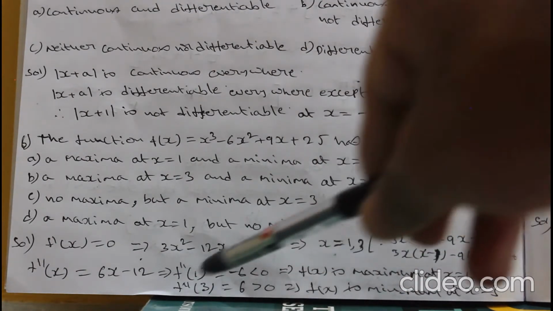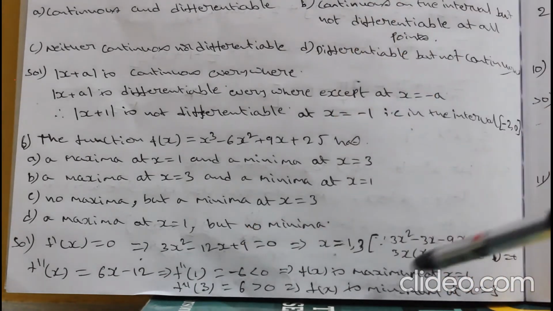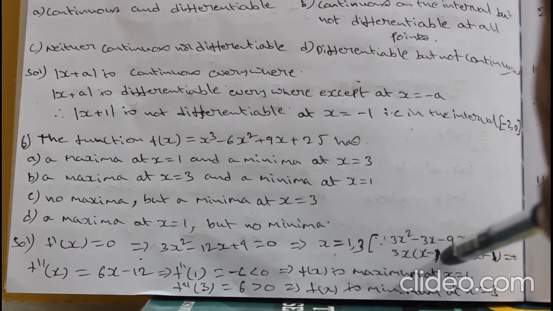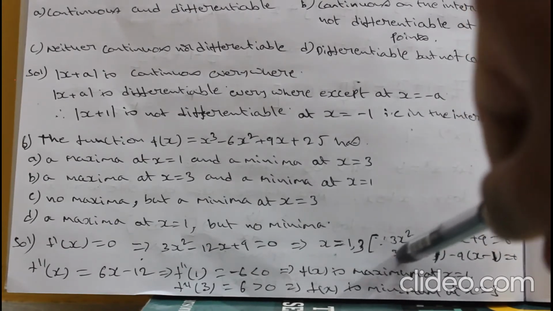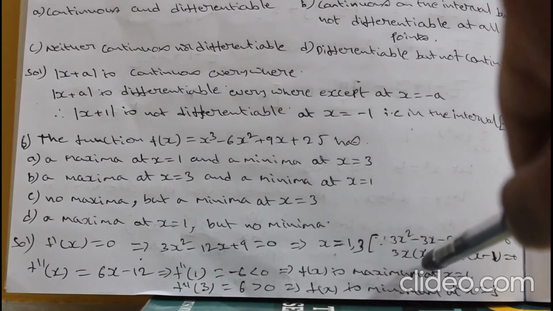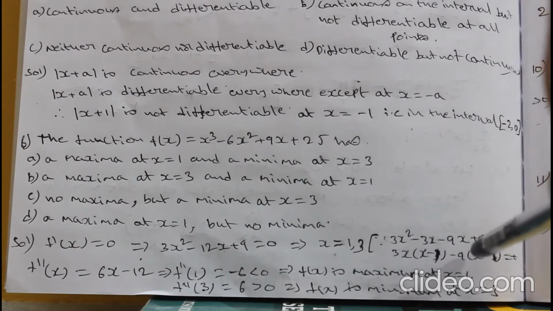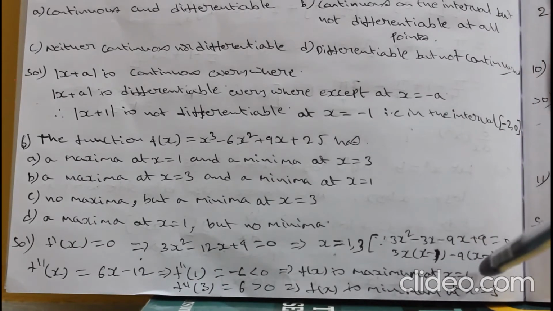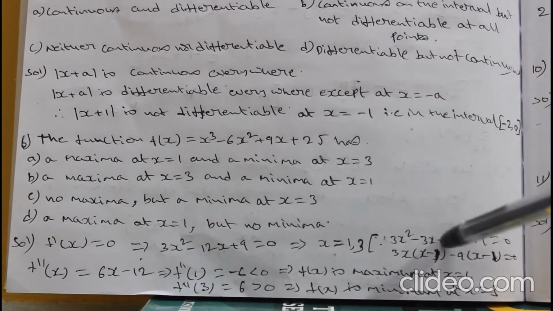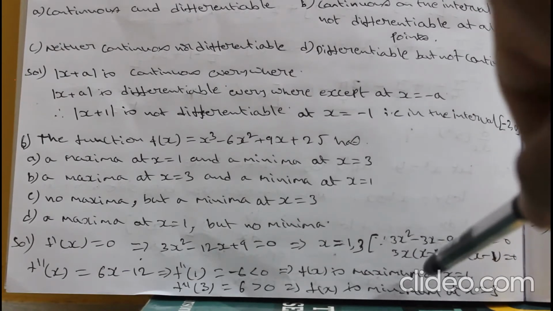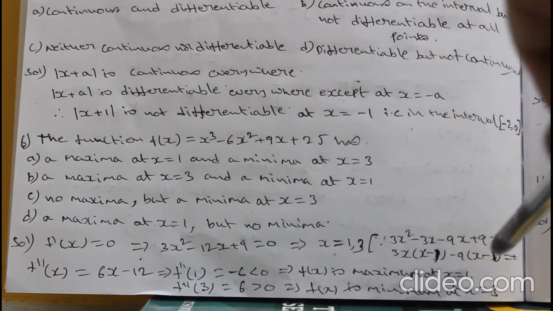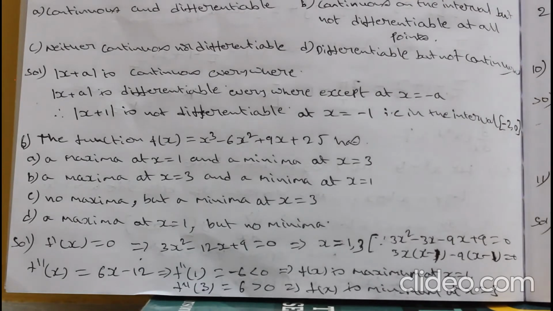See how: in 3x square minus 12x plus 9, you can write minus 12x as minus 3x minus 9x. Bringing the common factors outside, 3x into x minus 1, minus 9 into x minus 1 is equal to 0. So x minus 1 into 3x minus 9, so x is equal to 1, x is equal to 9 by 3, that is 3. So x is equal to 1 comma 3.